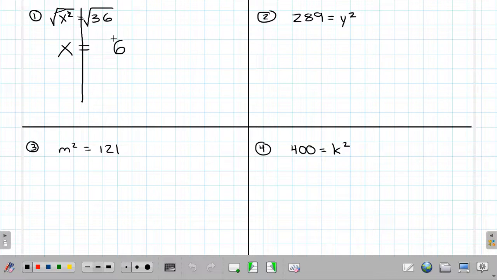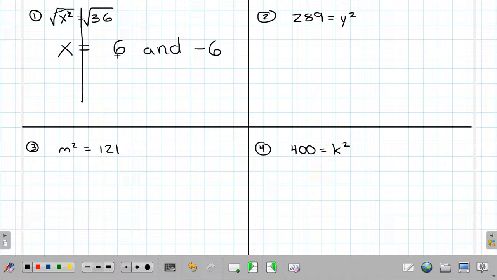This is where these kinds of equations get a little tricky, so you've got to really pay attention here. It's not only 6 that you can multiply by itself to get 36, but you can also multiply -6 times itself and get 36. The whole reason is that a negative times a negative equals a positive.